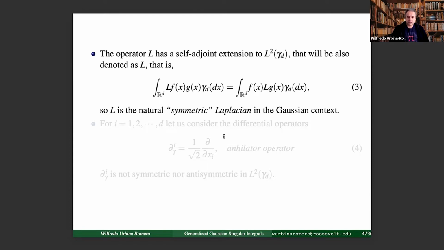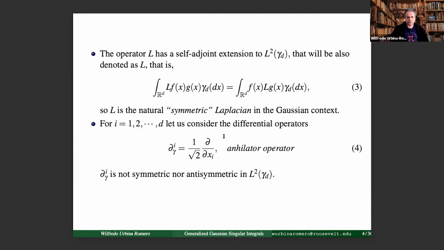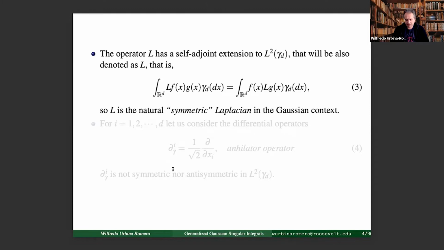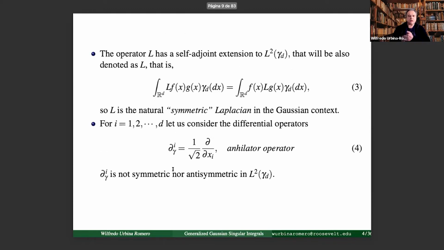This operator can be decomposed using the usual derivative, properly normalized just to make things nice. And that is what in quantum mechanics is called the annihilation operator. But the problem is that when you try to do the integration by parts, it's clear that this guy is not symmetric nor antisymmetric in L2, right?